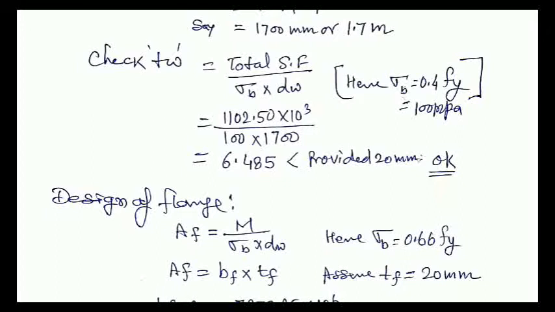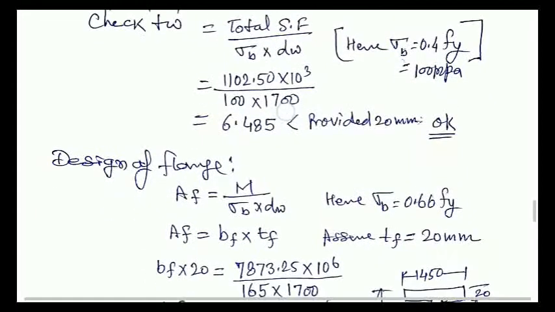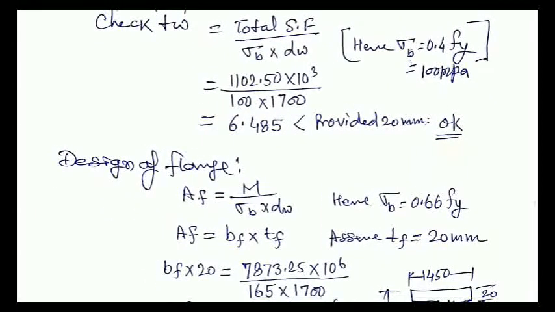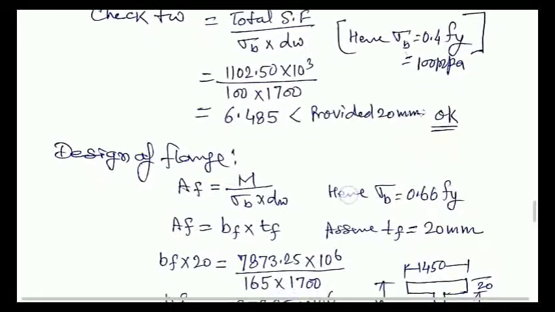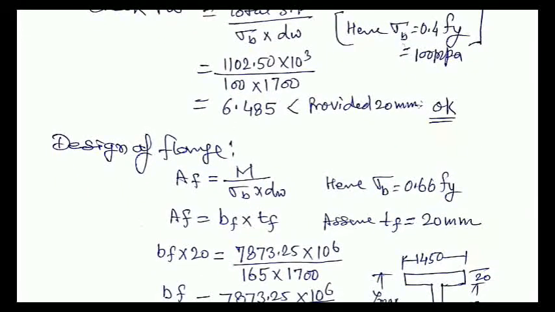So now check for thickness of web TW for the shear. So the total shear force divided by sigma b into TW, where sigma b is equal to 0.4 Fy, as prescribed by the IS code.